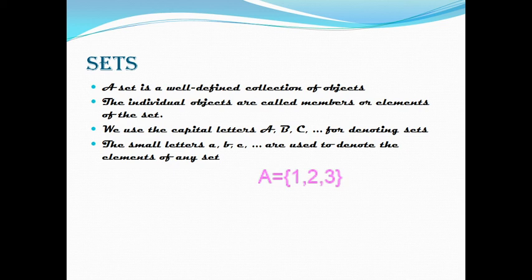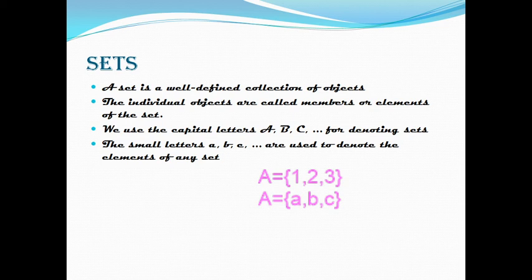Another concept I am saying is that the name of the set, or the set itself, is represented by capital letters, and members or individual objects are represented by small letters. This is in the case of alphabet only.